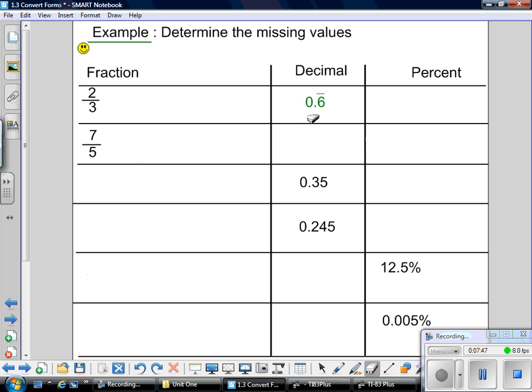Now to change that to a percent, well, if I just use decimal 6, that would be 60%. But it actually is larger than that. Usually this decimal here means that there's a whole bunch of 6's there.